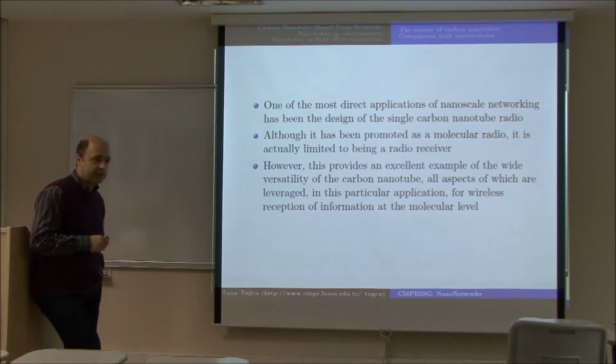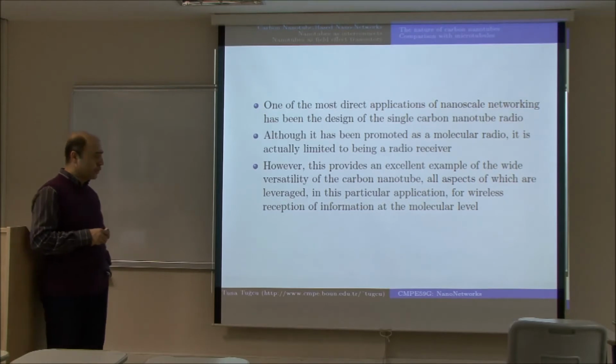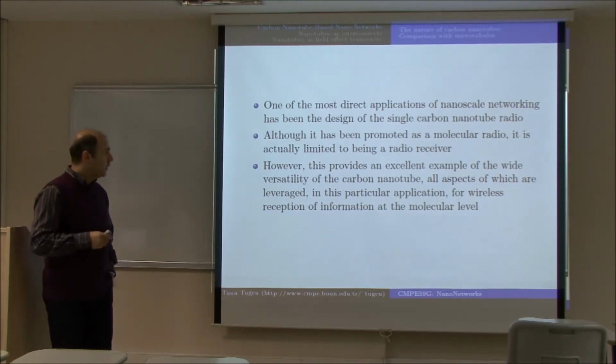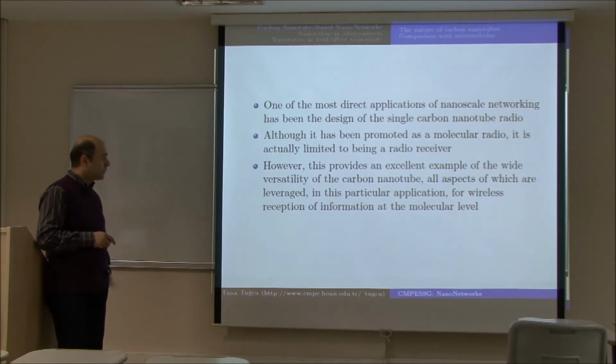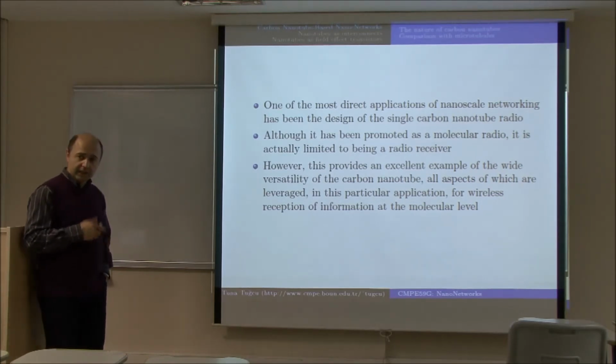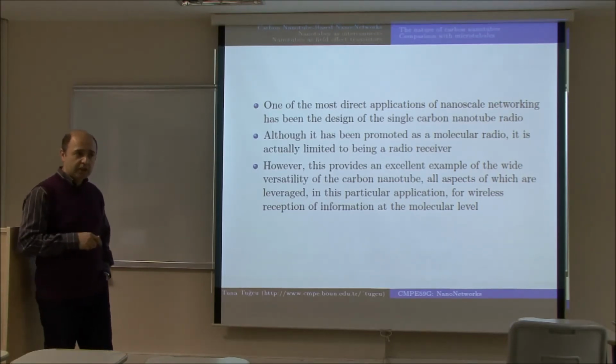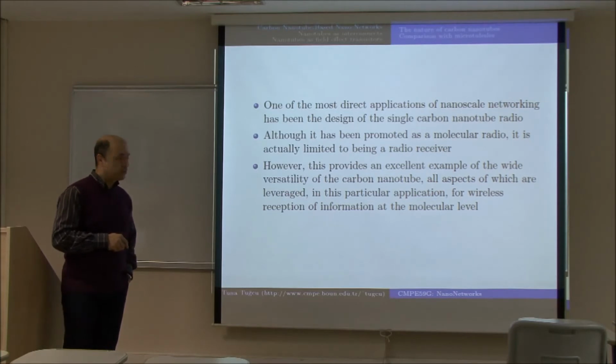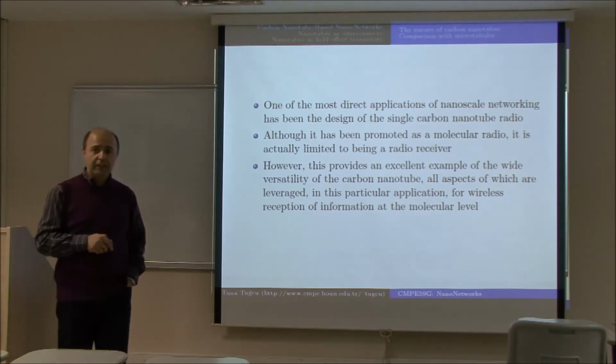However, it provides a very good example for showing the flexibility of carbon nanotubes, leveraging all features of carbon nanotubes, typically for wireless reception of information at the molecular level.